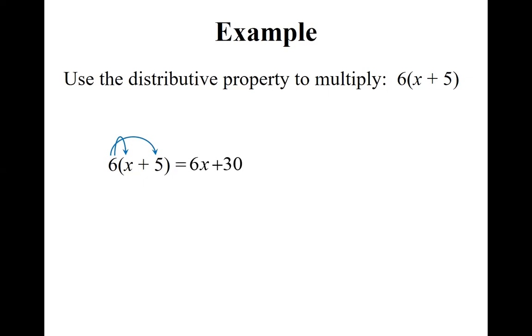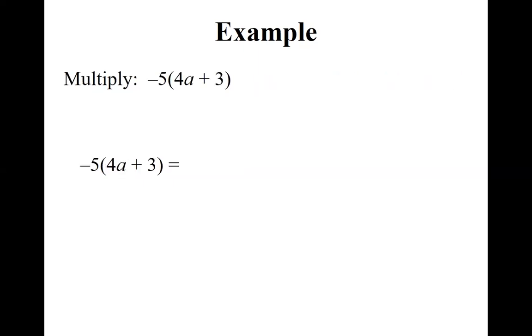We've done it. We've successfully distributed. We've gotten rid of the parentheses. We have multiplied. We have an equivalent expression. Negative 5 times 4a plus 3. Again, we can't add 4a and 3. We don't know what a is. We still need to be able to multiply. We still need to be able to get rid of the parentheses.